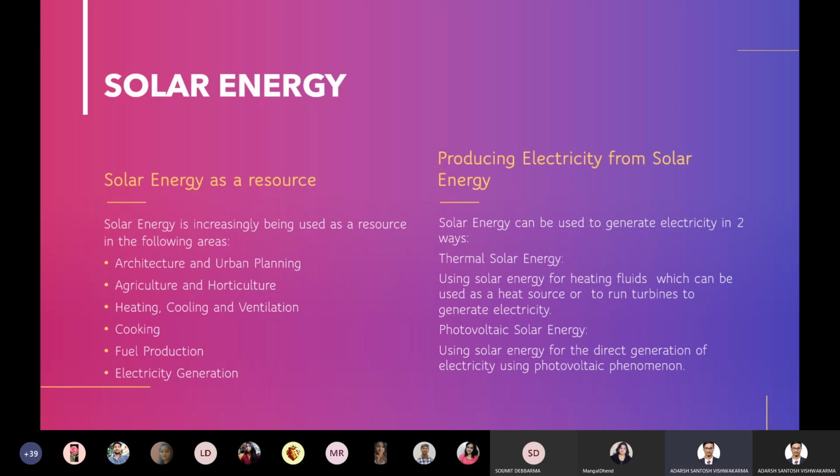Generally, electricity is produced from solar energy in two ways. First is thermal solar energy, and second is photovoltaic solar energy.